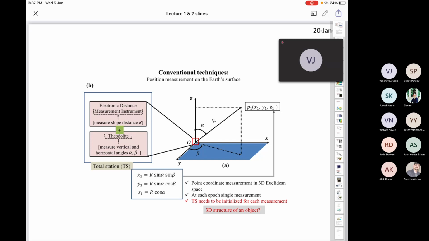It's not a pixel, like if you consider the image-based studies that we have done previously. There we discussed a pixel with respect to the spatial resolution. It has a certain area for which we assign a DN number. While in this case, we have a point, and the coordinate of that point we are calculating.